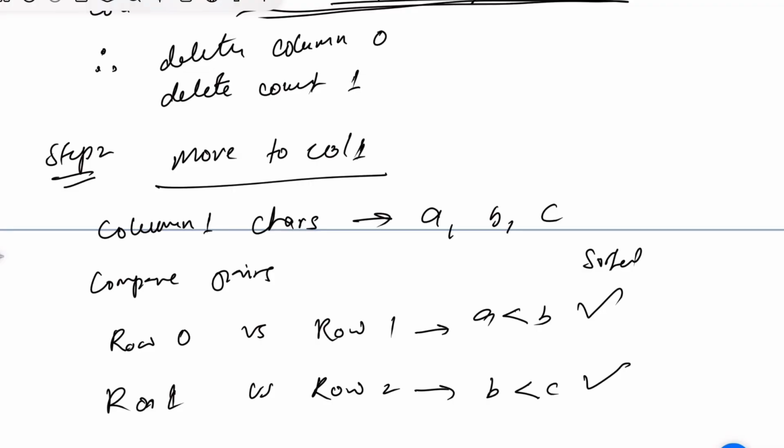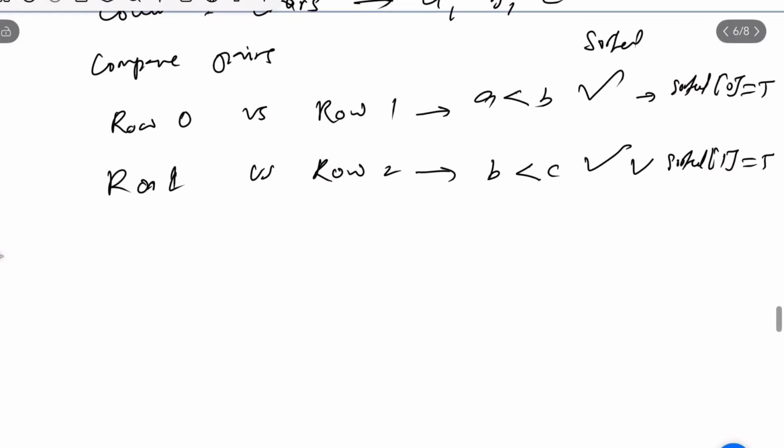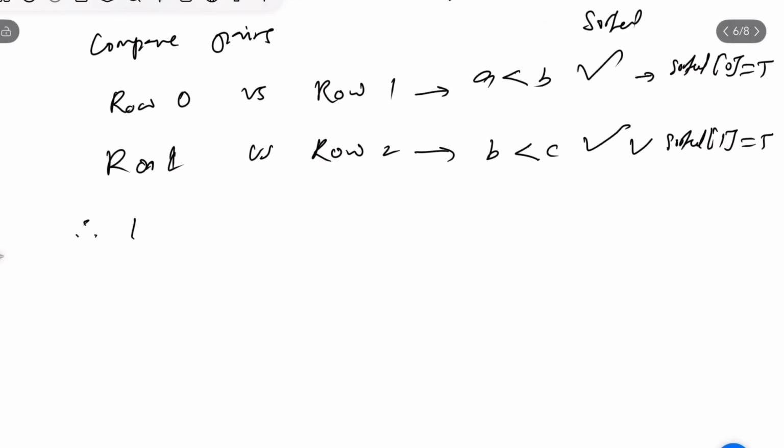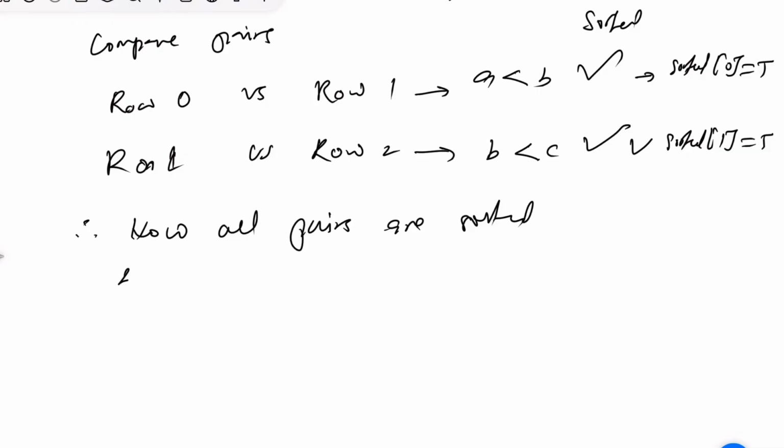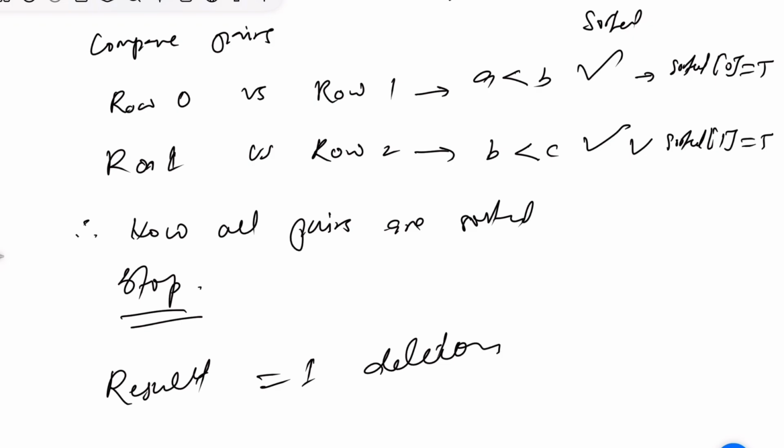So we'll put sorted at 0 as true, and sorted at 1 as true. Now all pairs are sorted, so we'll stop here. The result is 1 deletion, as we have seen, right?